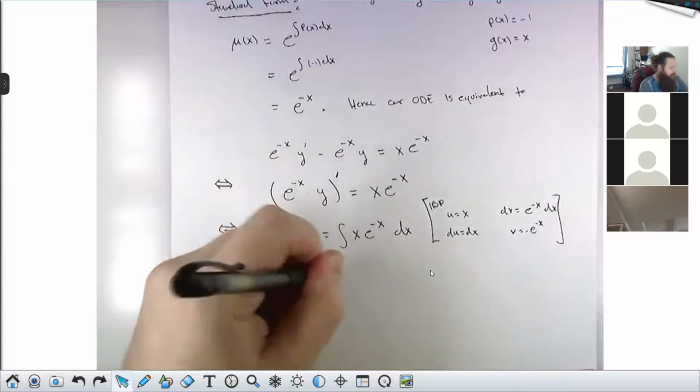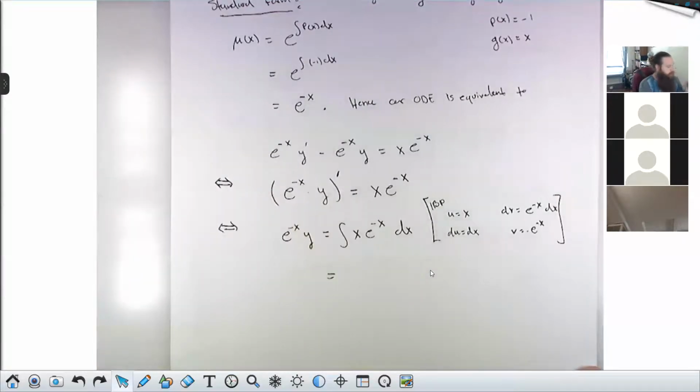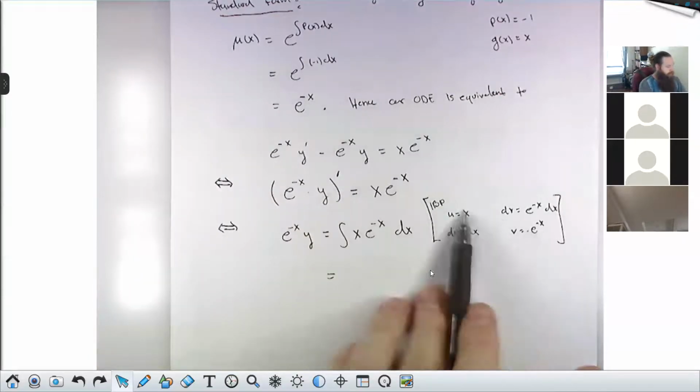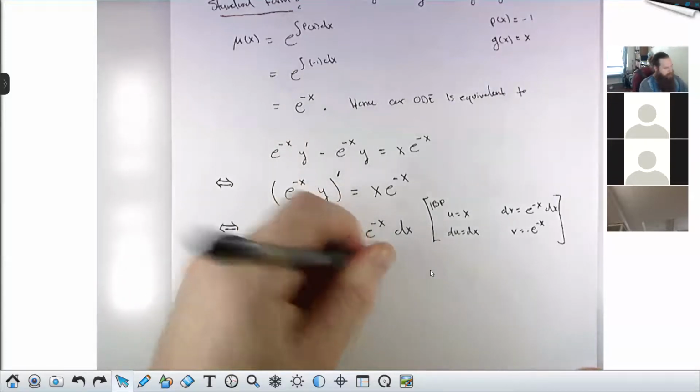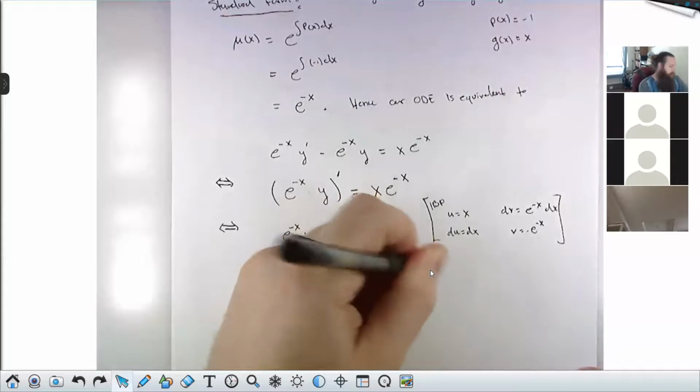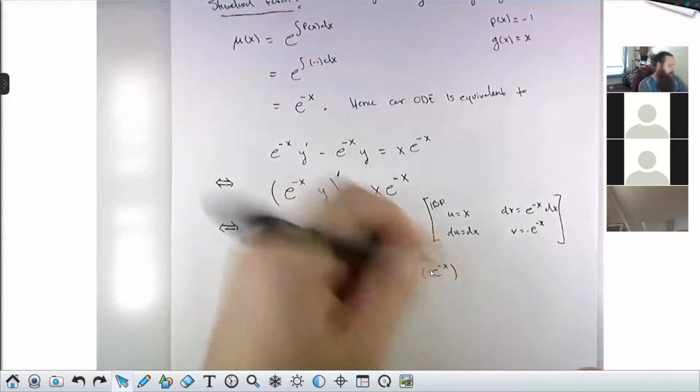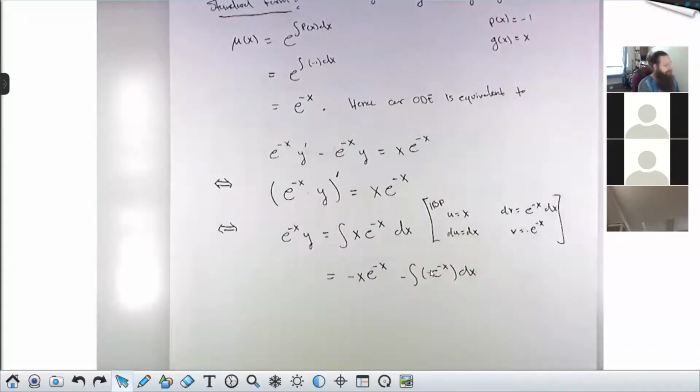So you get that e to the negative x times my solution function y is equal to negative x e to the negative x minus the integral of negative e to the negative x dx.